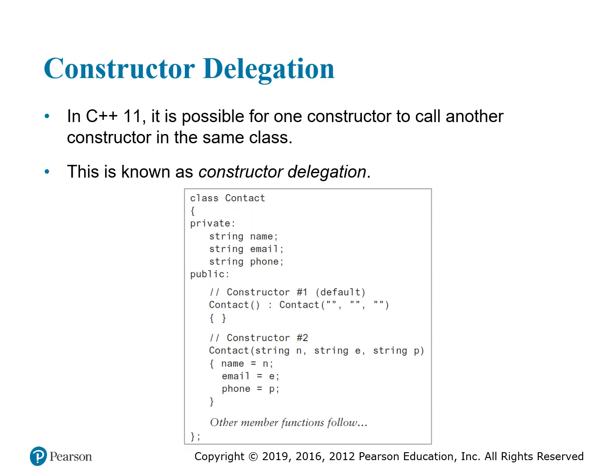And the way you write that is, contact, the default constructor here, colon, contact with 3 empty strings. Well, that's going to refer to this string, string, string, and it's going to call that version of the constructor for you.